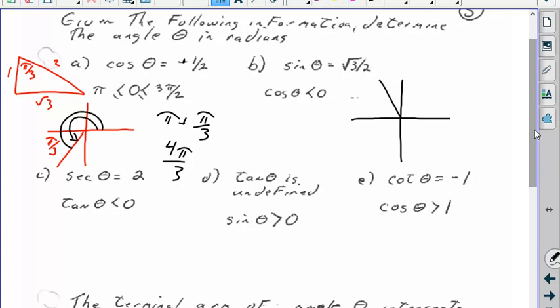Using my special triangle, where is sine square root 3 over 2? What angle gives me sine square root 3 over 2? Opposite over hypotenuse, so again, we have a pi over 3. But I'm actually asking you for the size of that angle there.